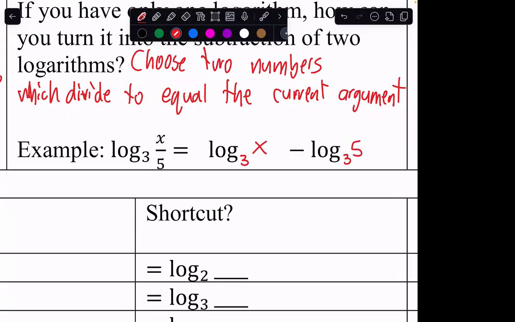Okay, so this is not the only way to do it. You can also get to x over 5 other ways, right? You could do something like log base 3 of 2x minus log base 3 of 10, because 2x over 10 would reduce down to x over 5. And of course you can keep going infinitely.